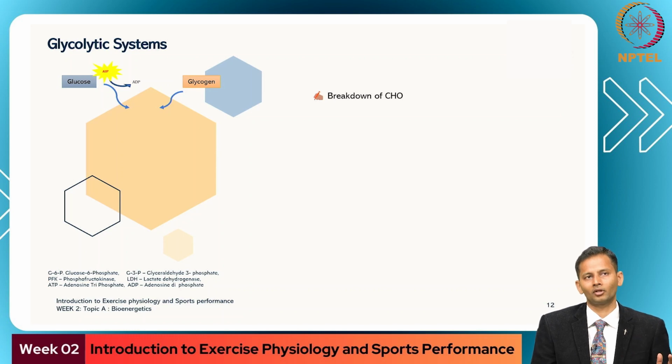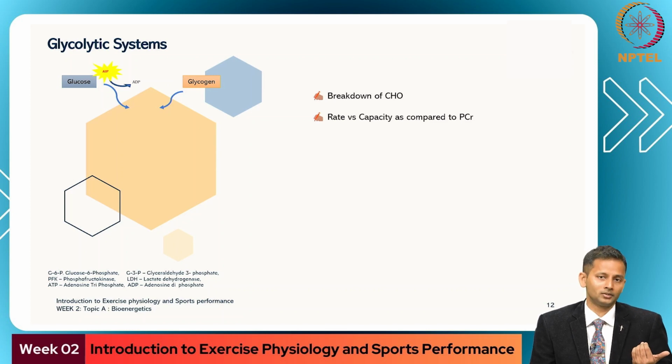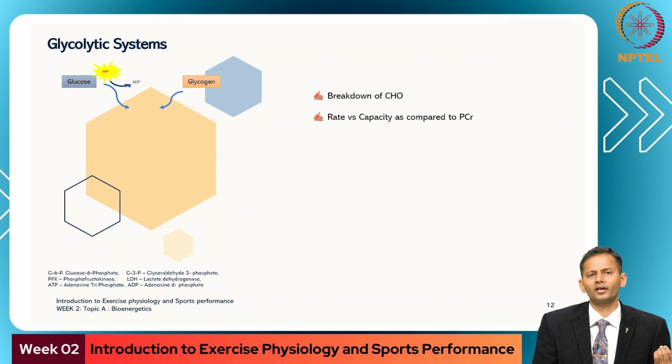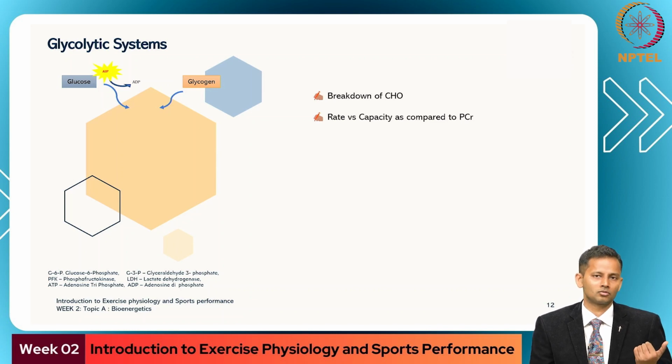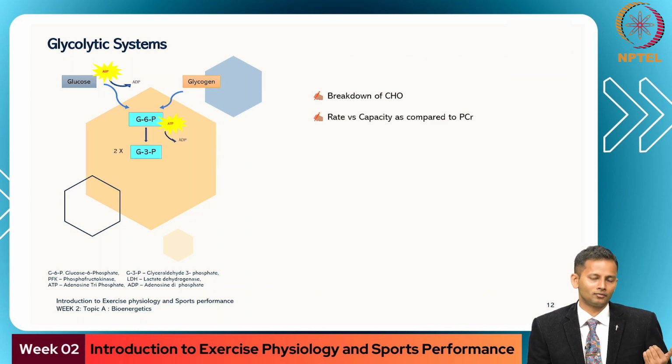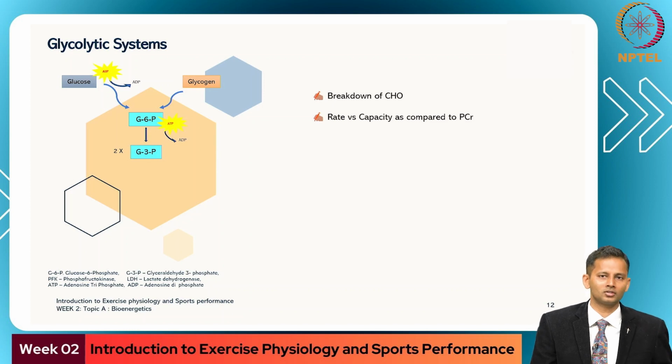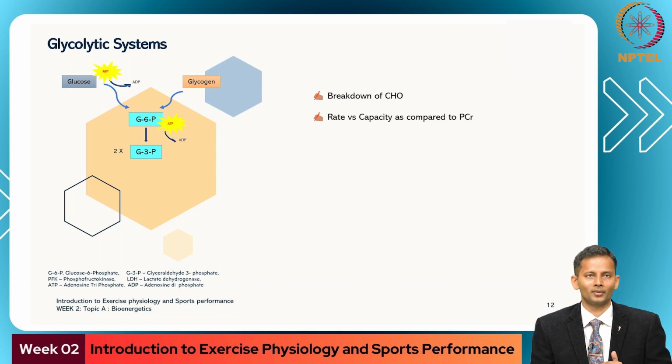So either of these molecules can enter the glycolytic system, and the capacity is better compared to phosphocreatine because that is of limited storage, and the rate obviously is slightly slower as you relate with the phosphocreatine system. So once you have exhausted the phosphocreatine system, next in place is the glycolytic system from the anaerobic pathway.